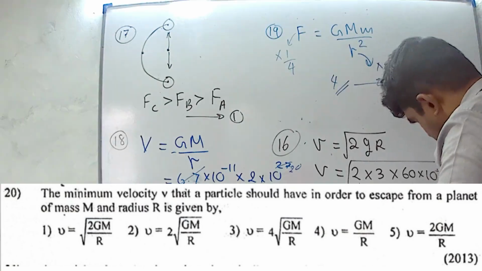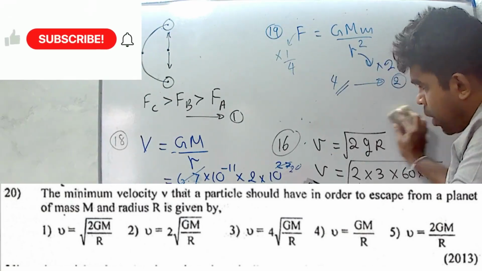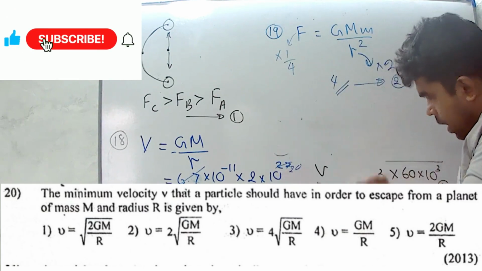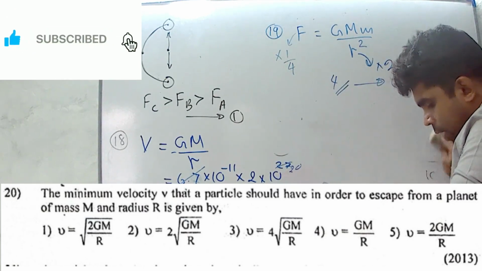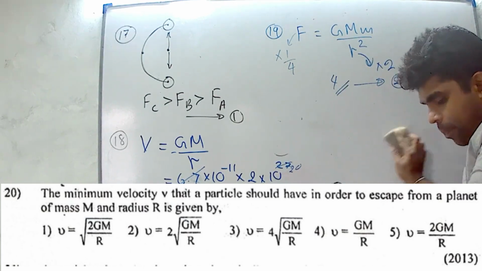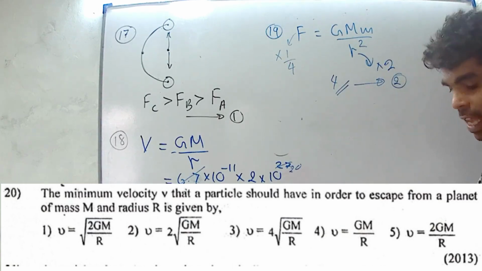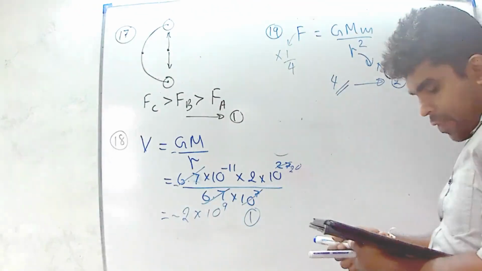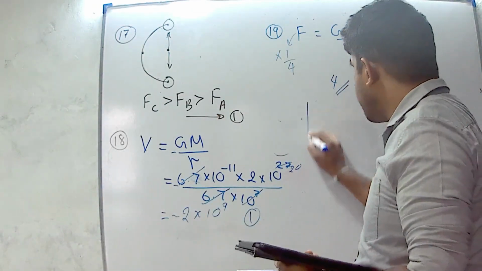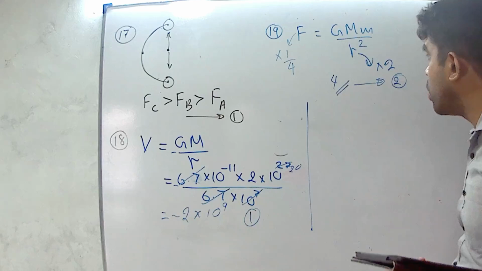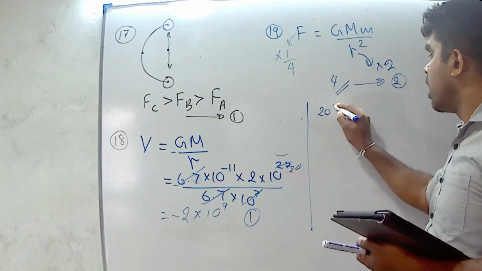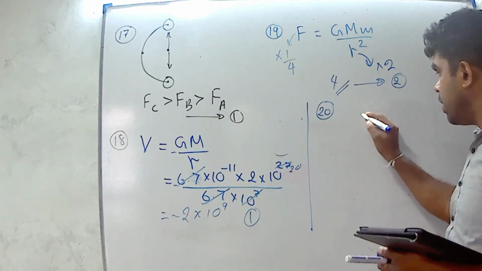Question number 20. The minimum velocity v that a particle should have in order to escape from a planet of mass M and radius R is given by? We have to get the relationship for escape velocity. We can use it directly.